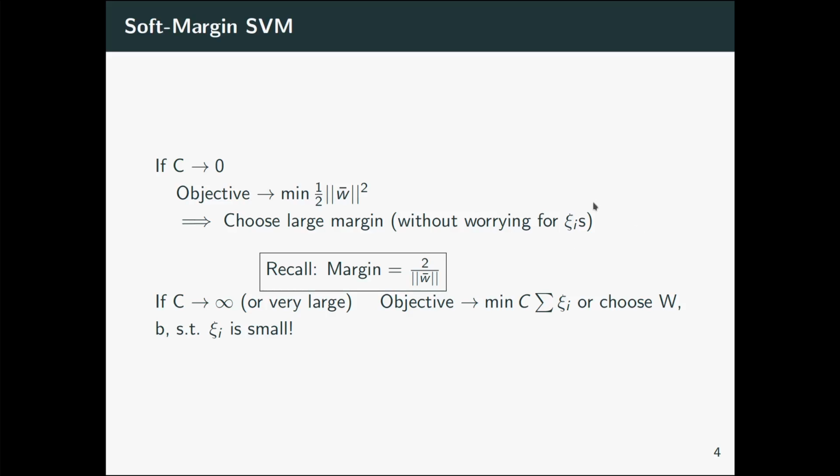So you don't care about the violations. All you care about is the minimization of W squared, which is maximization of the margin. And if C tends to infinity, then the objective would be only focused on the violations, which is to choose the parameters in such a way that the violations are really small, which would then force the margin to get really small.